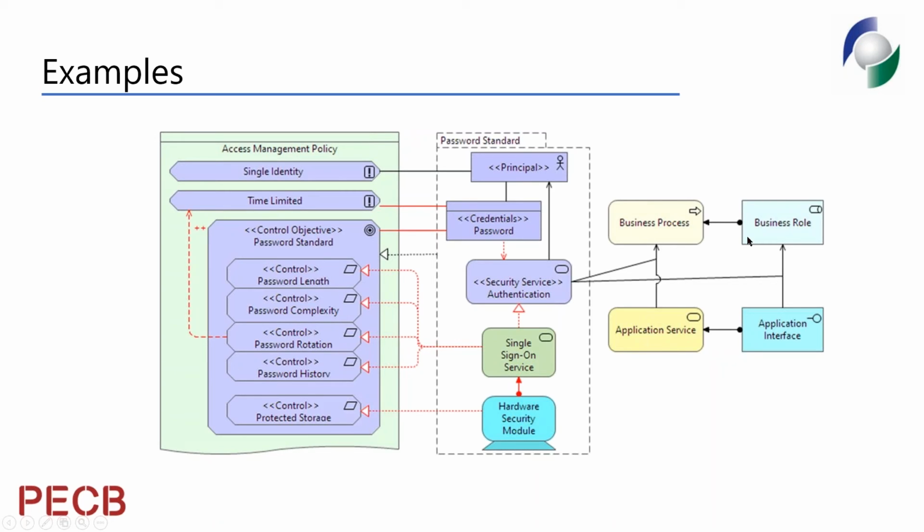So that when we look at this application here, this business process using the application, or the user using that interface, we know that that interface or that service is compliant with our access management policy because there is this closed path between the principle and the goal being applied on the password and it being traceable in the structure of the IT system to something that realizes the control that's part of that standard.